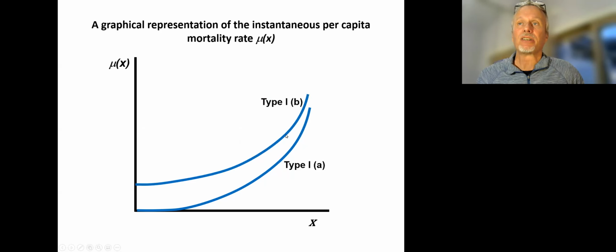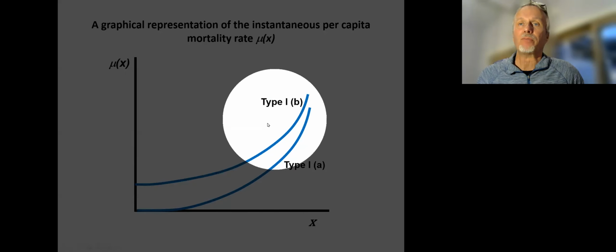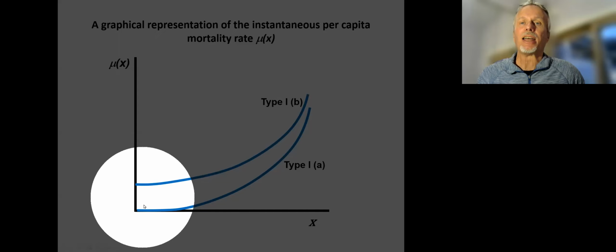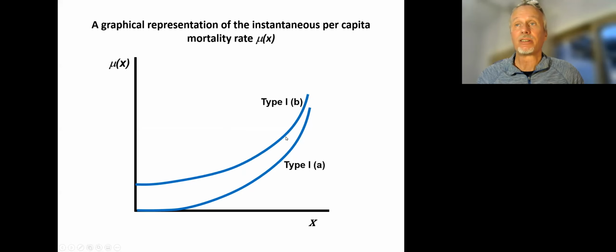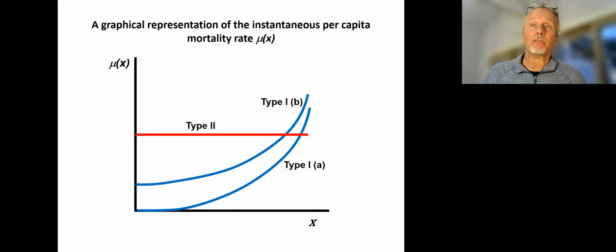And then there is a type 1b mortality function that at age equal to 0 starts with a value that is larger than 0 and then increases potentially more than linearly. The type 2 mortality function is just a flat horizontal line, so it's a constant mortality.